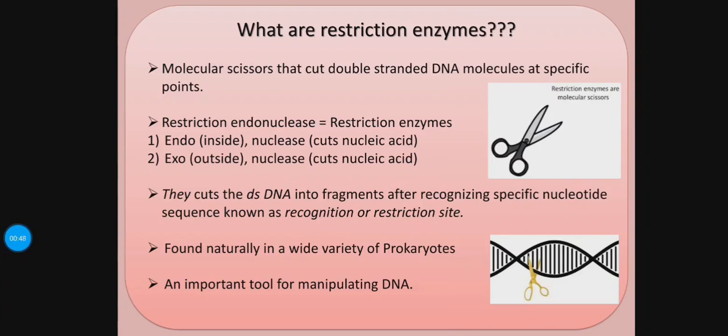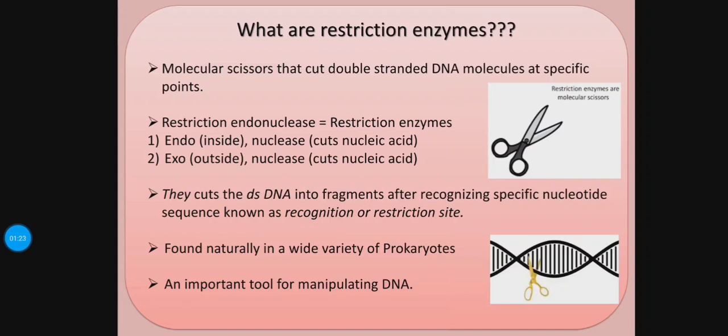So first is, what are restriction enzymes? A restriction enzyme is a type of endonuclease, a protein or enzyme produced by bacteria, and it cleaves DNA at specific sites along the DNA molecule, resulting in eliminating an infecting organism, that is nothing but the phage, and that's the main work of this restriction enzyme.